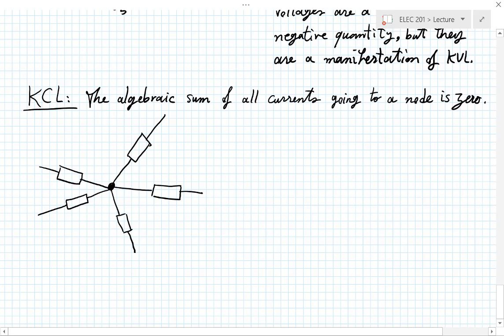Now, because I'm going to be dealing with currents, of course, I also have to define my variables. So let's give these names. This one is I1. Let's call this one I2, I3, I4, I5.